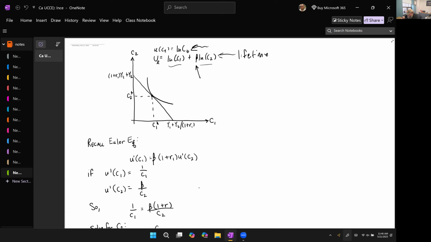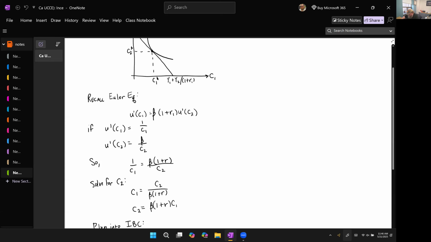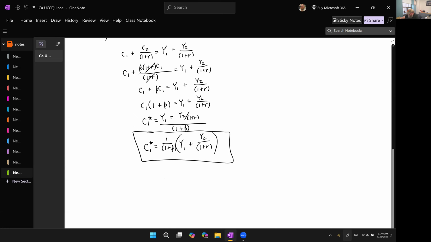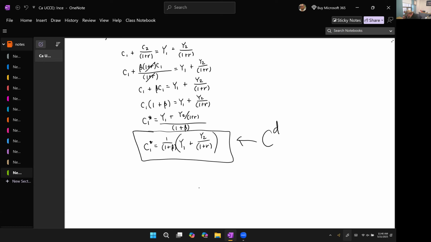Okay, so when you work through all of the math here, and again, like I've mentioned, I'm going to post these additional lecture notes to the Brightspace page. So when you work through the math here, and you set up the consumption function, this is what the consumption function looks like. So this is C1, right? This is the consumption function.